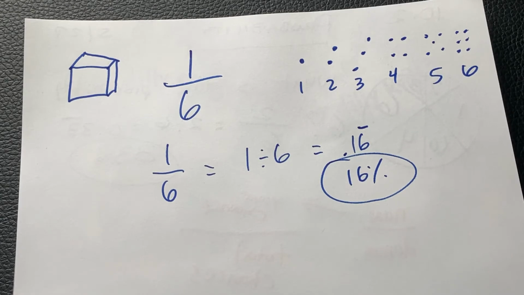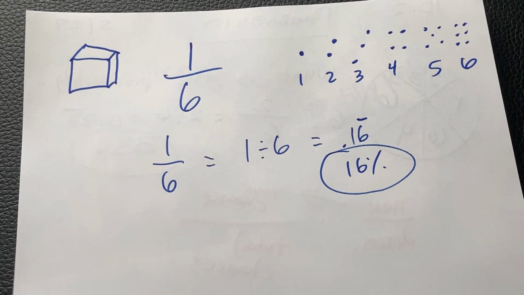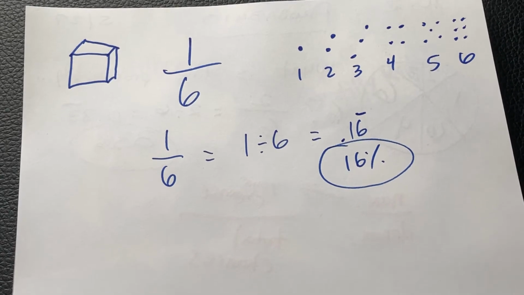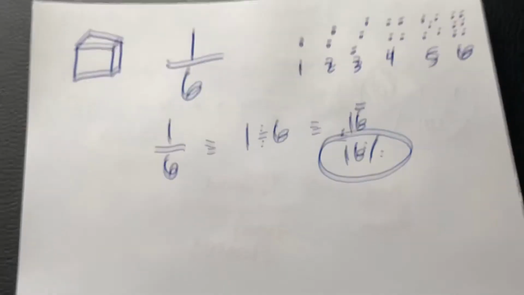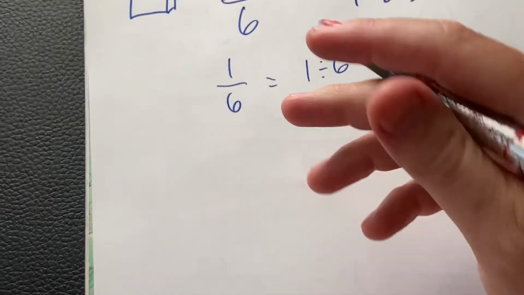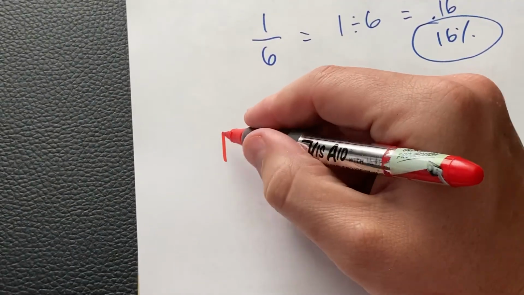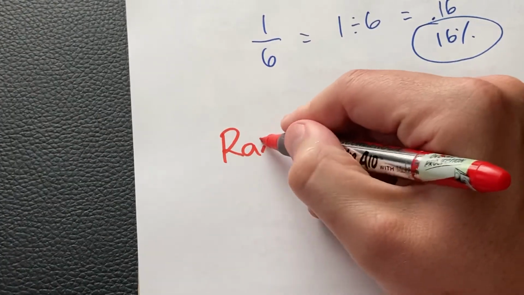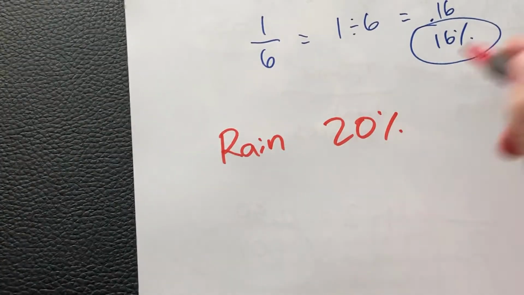Something in real life that we use probability for is in sports with batting average, free throw percentage, average mile time, which your PE teachers use to try to determine whether you're going to run fast or not, and the weather. So they might say there's a 20% chance of rain today.